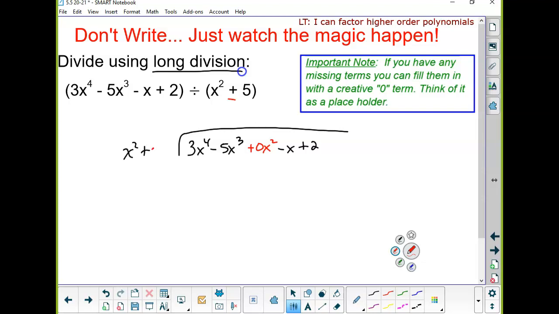Right here, I don't have an x. So I'm going to put a 0x as a placeholder, and then I'm going to put plus 5. So it's basically the same setup as what we just did, but now here's the tricky spot. My goal is to come up with a number right here, and I want to multiply it by all three of these terms.